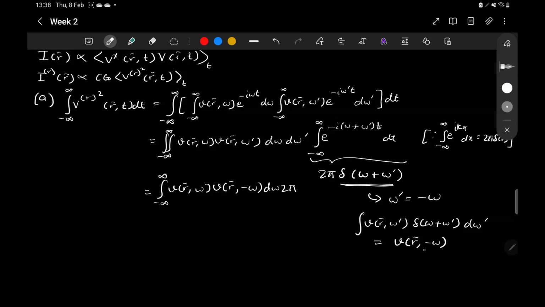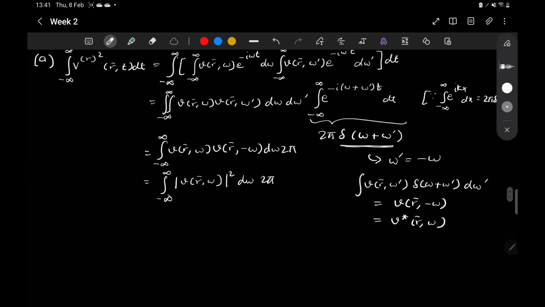Now v minus omega is actually equals to v star omega. So this gives us... so how we, sorry, I need to write down r also.